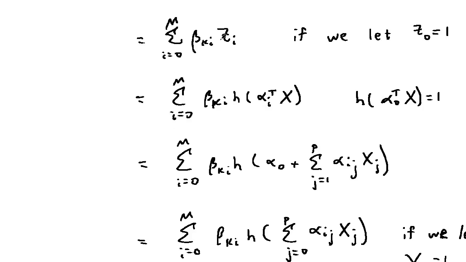And zi is given by h of alpha i transpose x, so this is equal to this as long as h of alpha 0 transpose x is equal to 1, if we just let h of alpha 0 transpose x be defined as 1.